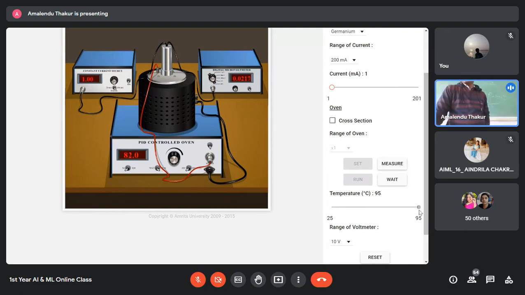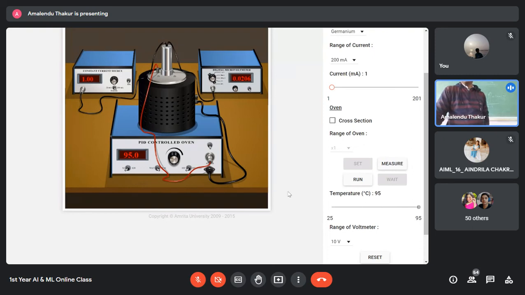And the maximum is 95 here, because this is a software and it just shows the procedure. Practically you have to go up to 200 degrees Celsius. Here it is 95 just for explanation, and your assignment should be within 95 because this is a virtual lab.